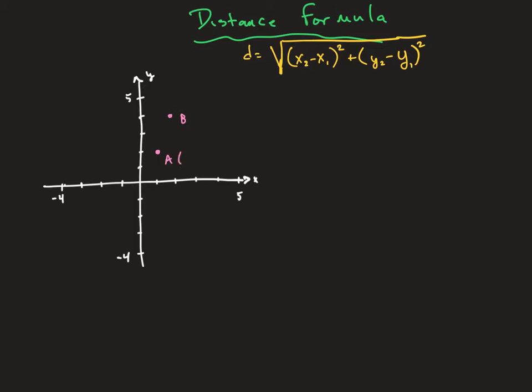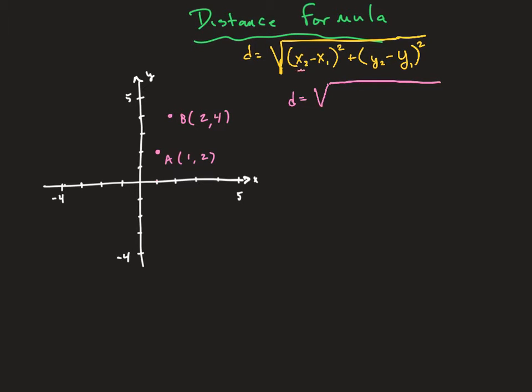A has the coordinate 1, 2, and my B coordinate is x is 2 and y is 4. Now I'm able to use these to figure out the distance between point A and point B, using the distance formula.